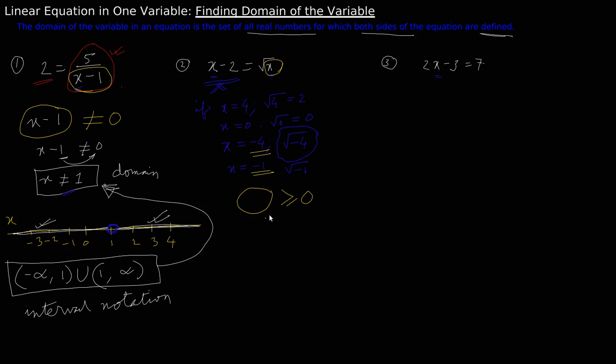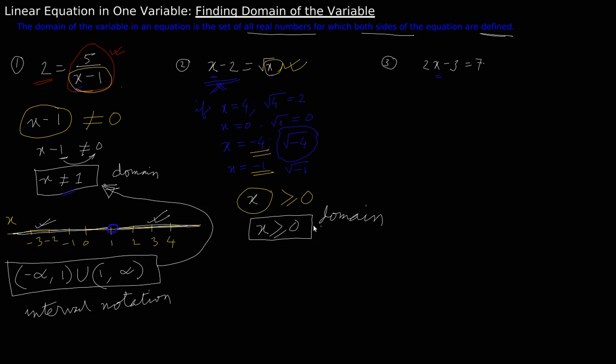So whatever is underneath the square root sign must be greater than or equal to 0. Now what is inside my yellow circle? It is x. So x needs to be greater than or equal to 0. So this is the domain for this particular problem.